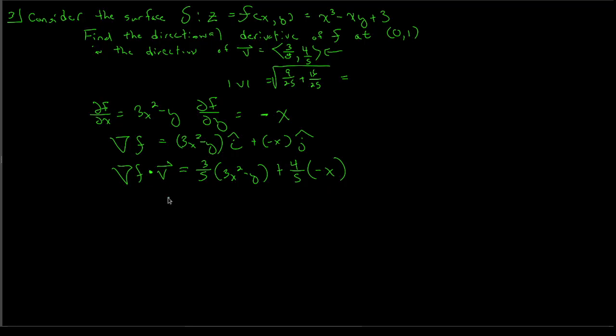And then if we evaluate this at the point (0, 1), we're going to have 3/5 times negative 1 plus 4/5 times 0, so 3/5 times negative 1, or negative 3/5, as our directional derivative in this case.